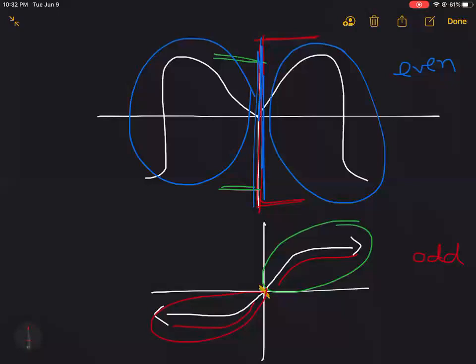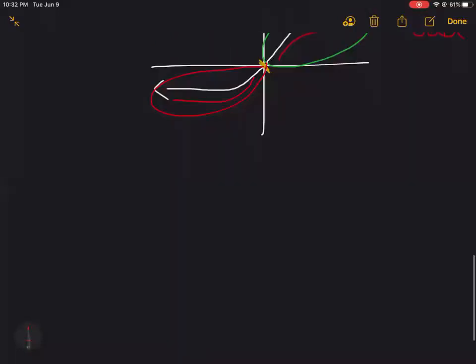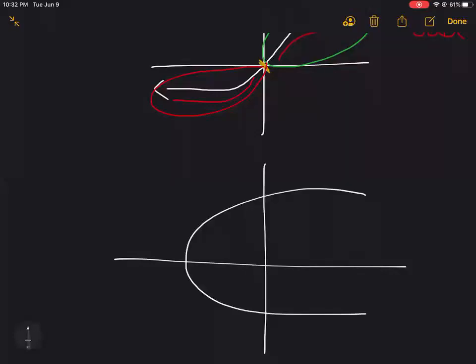Now, a quick question could be, what if a function looks like this? First of all, that is not even a function, okay? Because simply, if you just draw a parallel line to the y-axis, you can see it intersects this at two points.